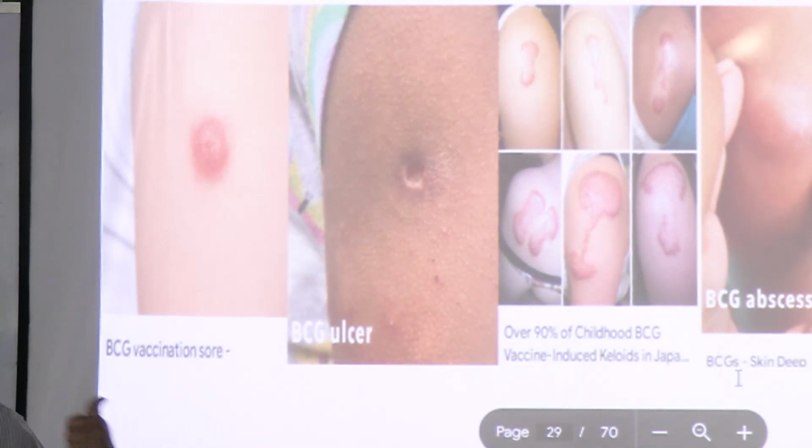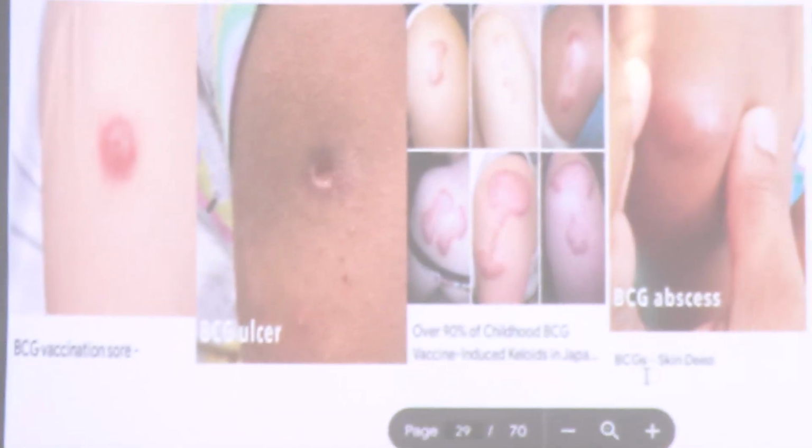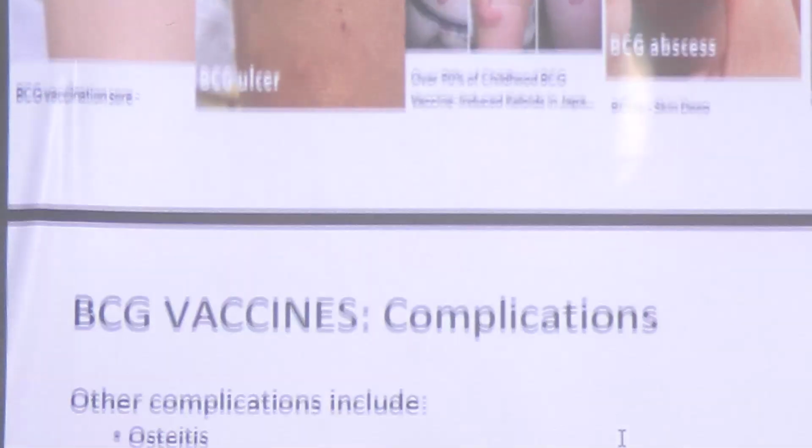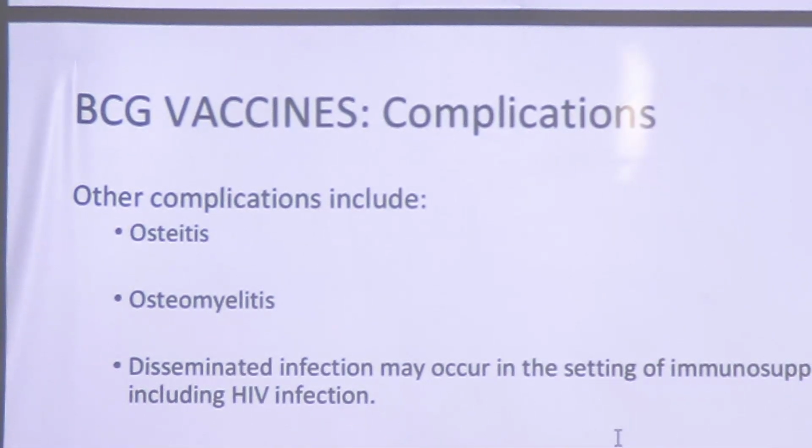It can also trigger an exaggerated response that may end up with formation of keloid over the site of infection. So these are the many types of manifestations that you may find after BCG vaccination is given, and sometimes we may end up having infection in the bone itself or dissemination of the bacteria throughout the body. These are commonly seen inadvertently when we give the vaccine to people who are immune compromised.